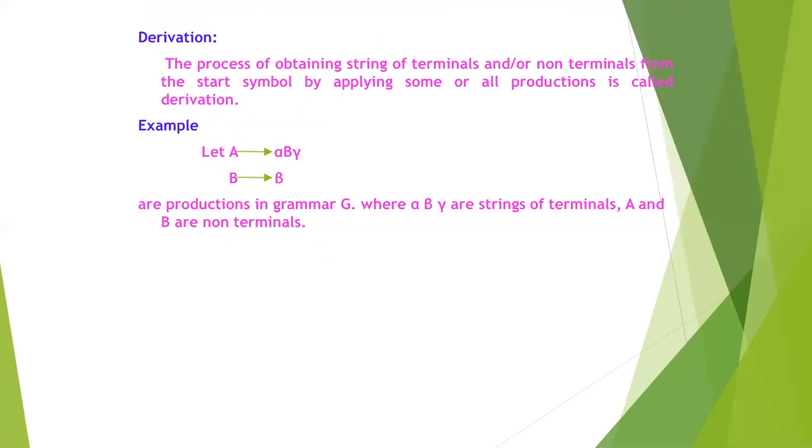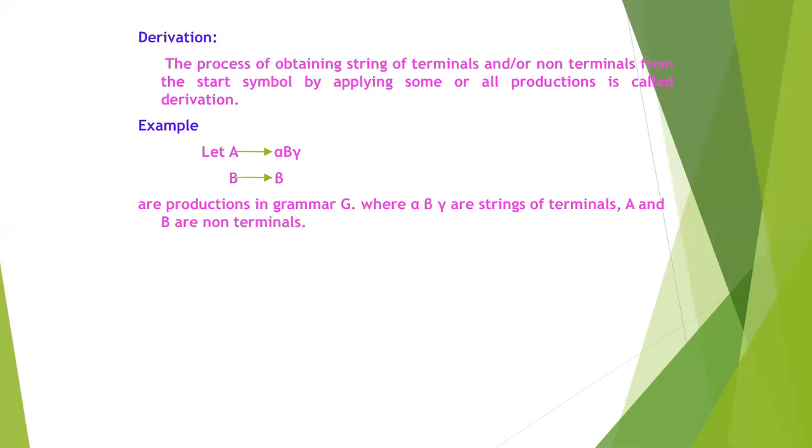Derivation of grammar. The process of obtaining a string of terminals or non-terminals from the start symbol by applying some productions is called derivation. Strings may be derived from other strings using the productions in a grammar.